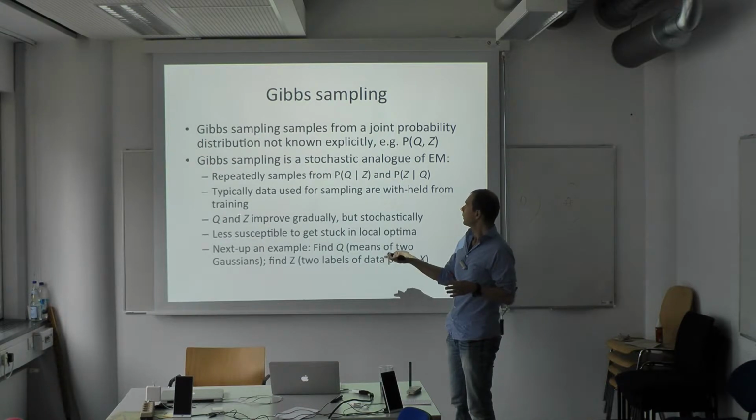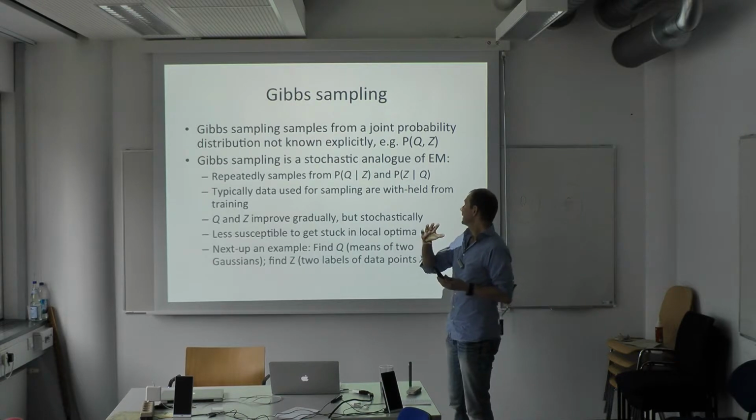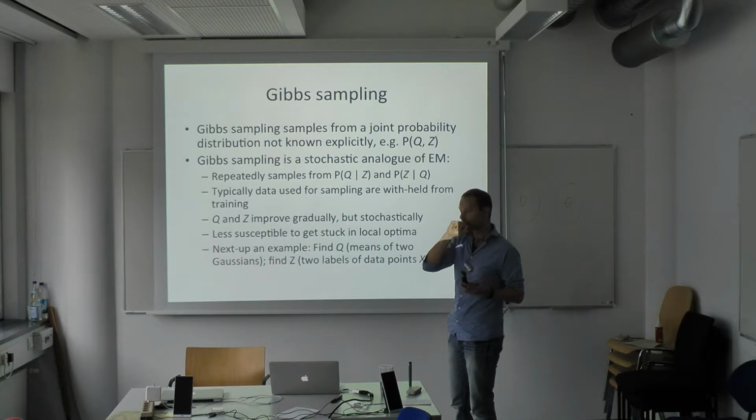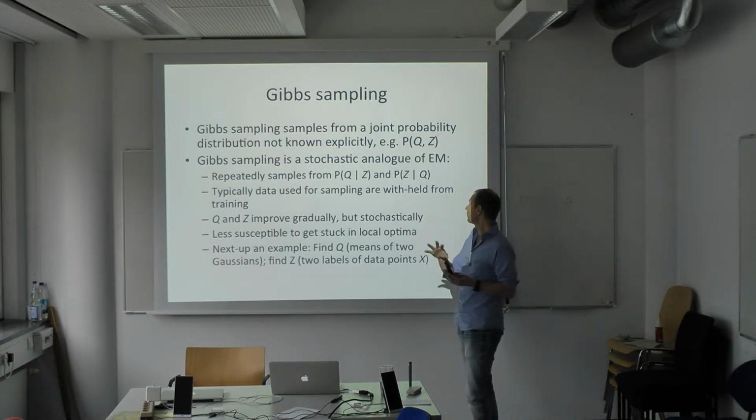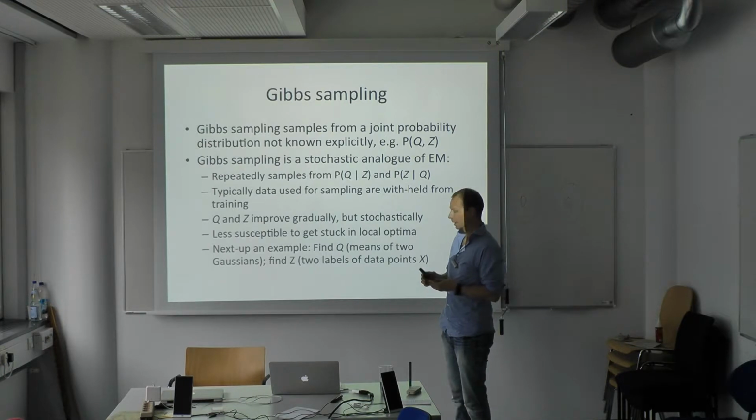And it's the same thing as with EM, that Q and Z will improve gradually, but in this case it's done stochastically. So we could have jumps, or changes that might decrease performance, but that would be just occasionally. Most of the time we would have improvements.